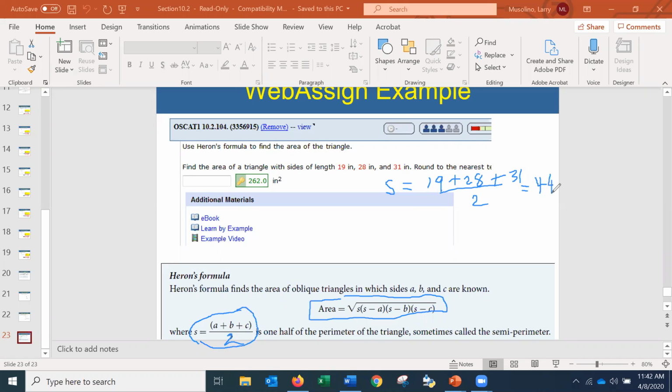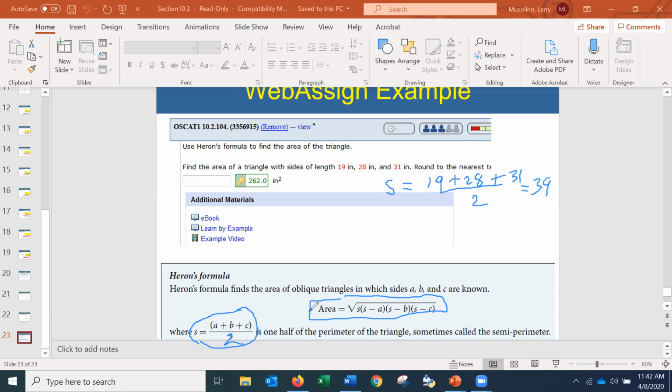I got 39. Oh, let me double check. Whoops, my mistake. Thank you, Janara, for catching my mistake. I had a boo-boo. It should be 39. You're right.